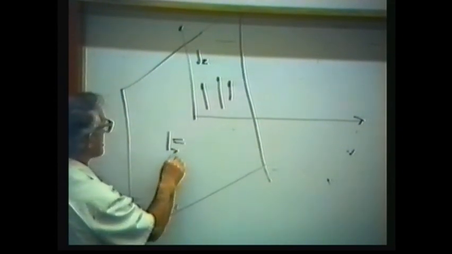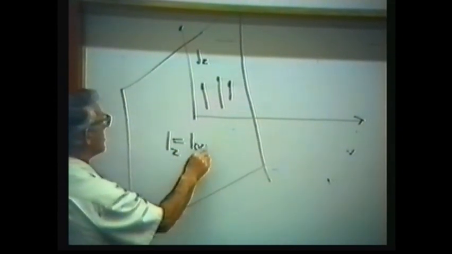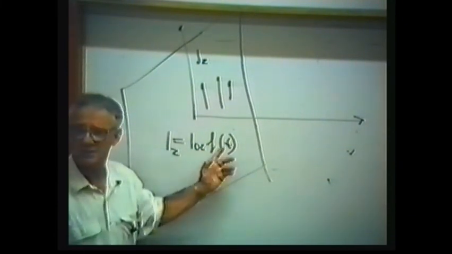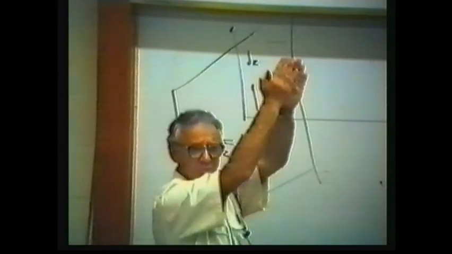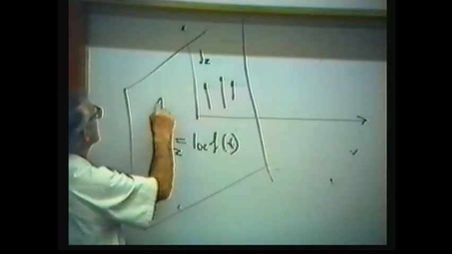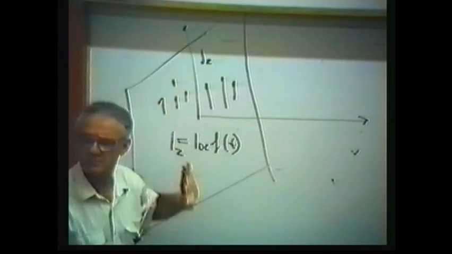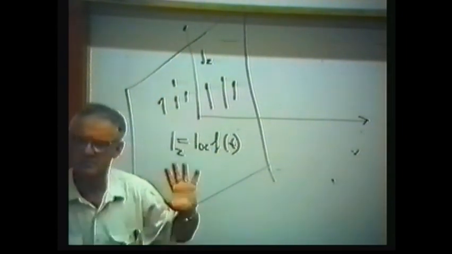Let us write Jz equals Jz naught times a function of time. Clear? So please imagine a metal plate. Everywhere current goes in this direction. Is it understandable?